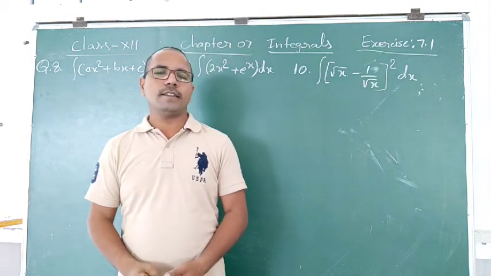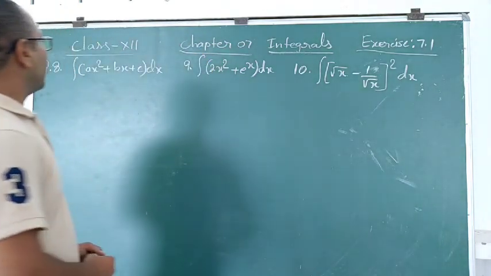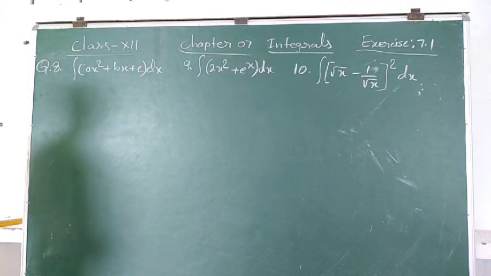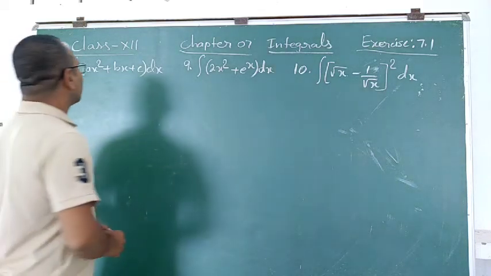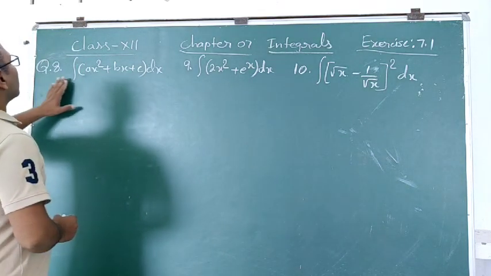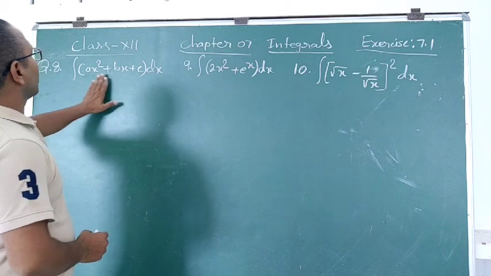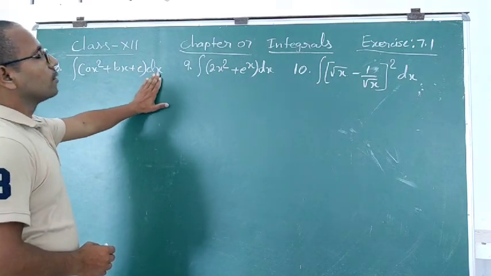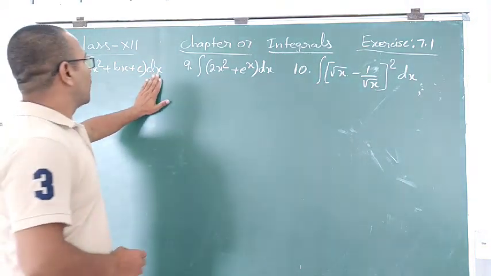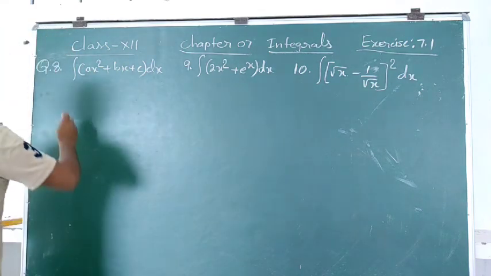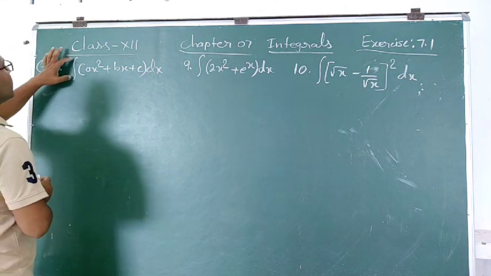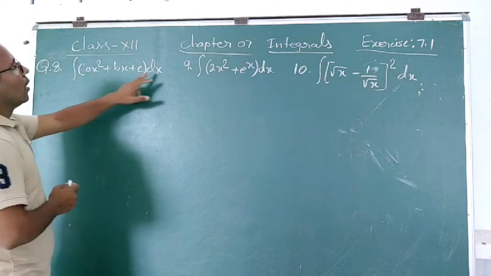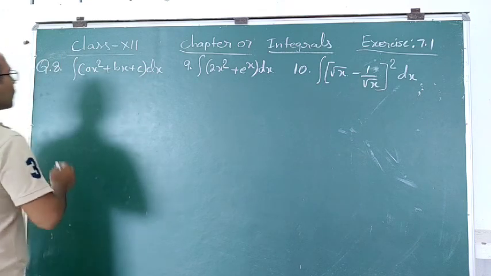So now students, let's see question numbers 8, 9 and 10 of exercise 7.1. As we are learning here, ax square plus bx plus c, we have to integrate with respect to x. So now students will multiply this integral to each term along with dx also.